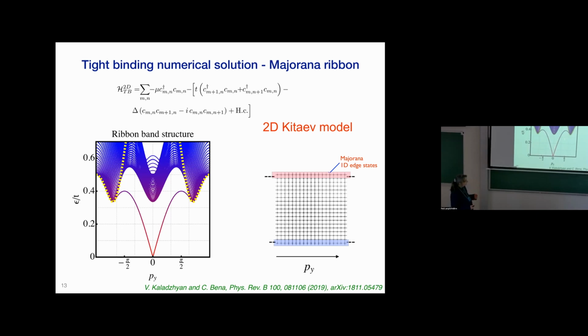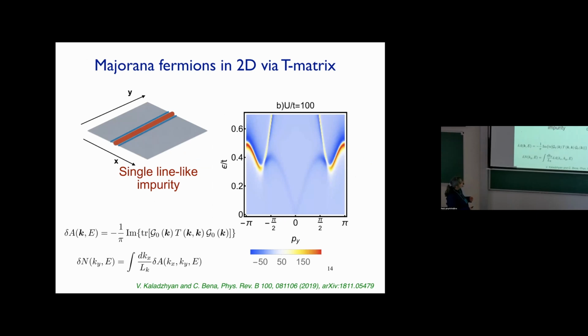So now I apply my technique, and I'm taking the infinite 2D system. I'm taking the line impurity potential very large. Here it's 100, but it's very large compared to t, so it's infinite in the first approximation. This plot is not the best for this paper, we didn't use the best contrast possible, but anyway, you see that you form the bulk bands and also the edge band, which is linearly dispersing.